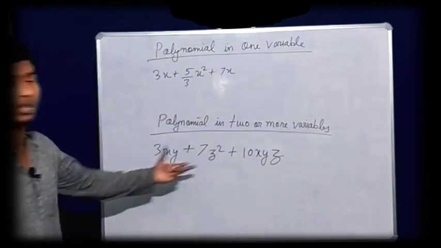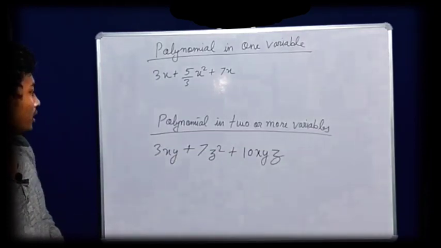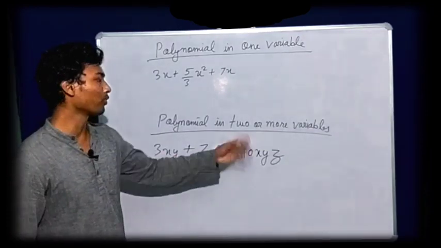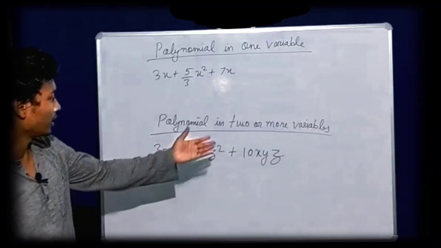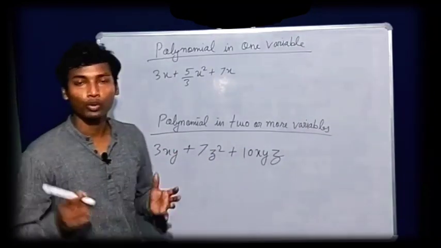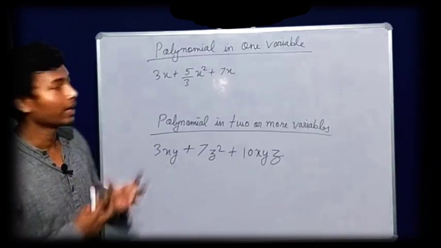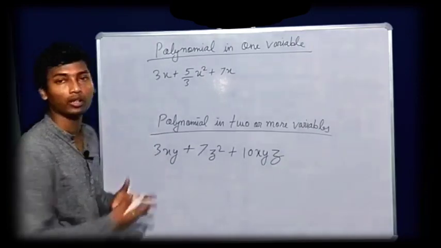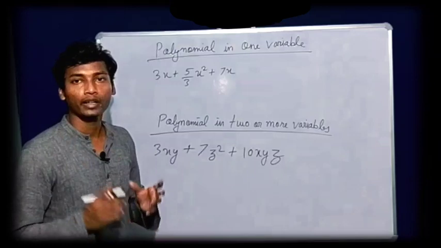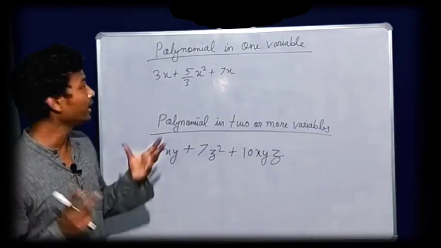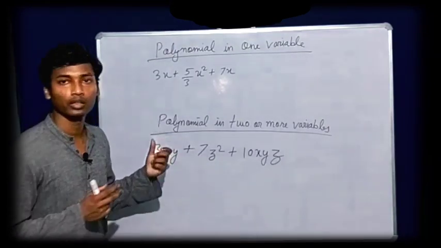Now you can see this is a polynomial in two or more variables. So we have taken three variables here. I hope you are clear with the terms, the algebraic expressions, and how algebraic expressions can be termed as polynomials. And you are also clear with the degree of a term, right?